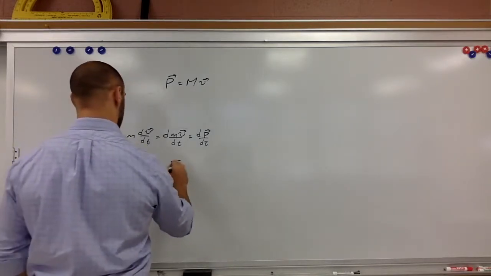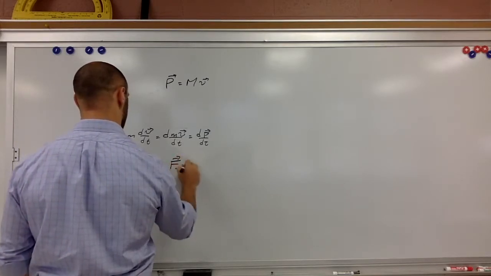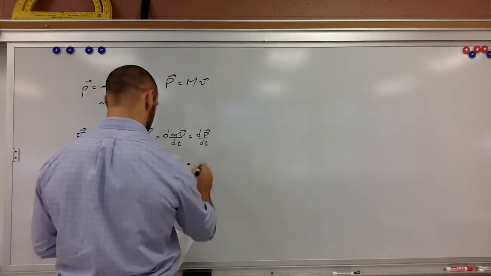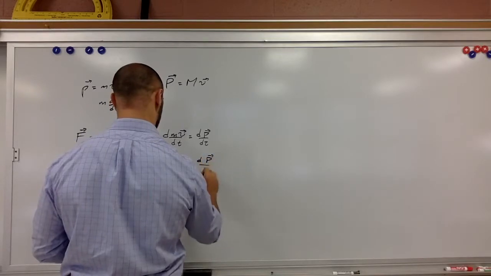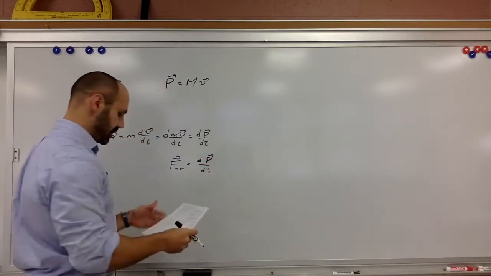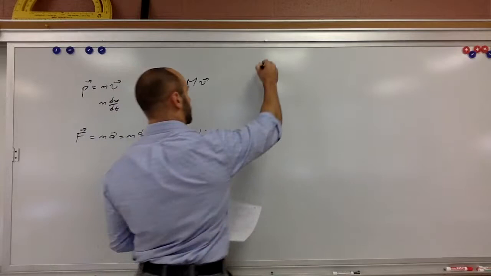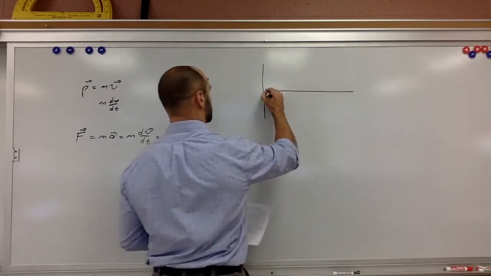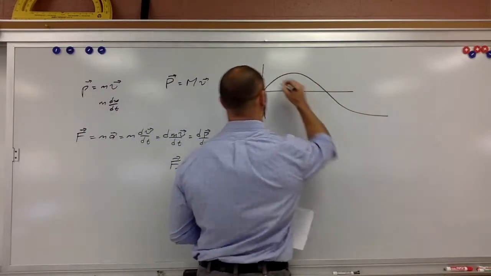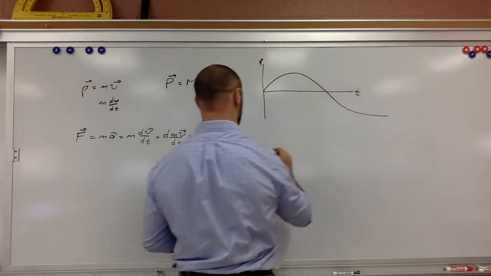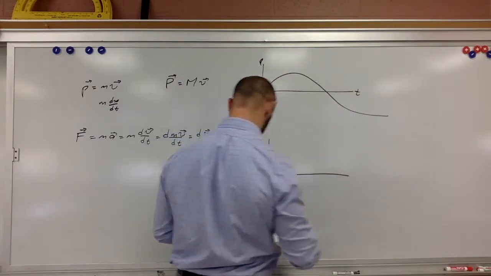The same is true for a system of particles. F net is going to be equal to dP dt. So then if we have a graphical analysis of momentum, if the momentum graph looks like this, P versus t, the force graph is going to look like this.